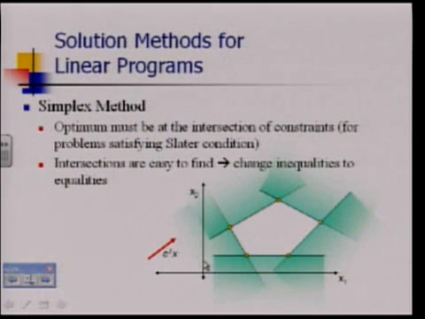Okay, so let's think about how we can solve a linear program. And we know that when you have a linear objective function, then the level set looks like what? The contour will be a straight line, right? Because you have linear objective function.